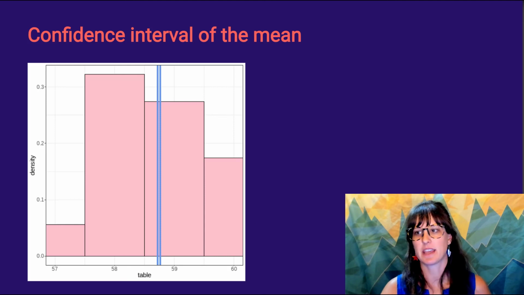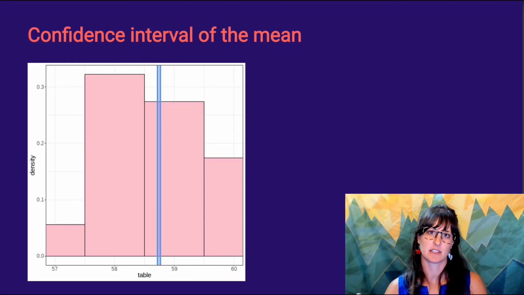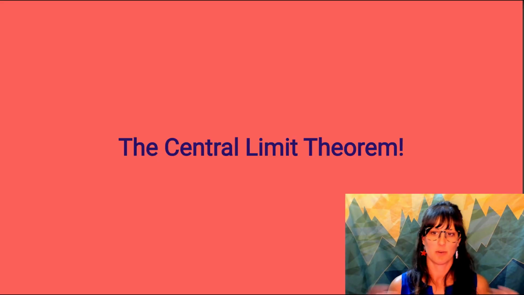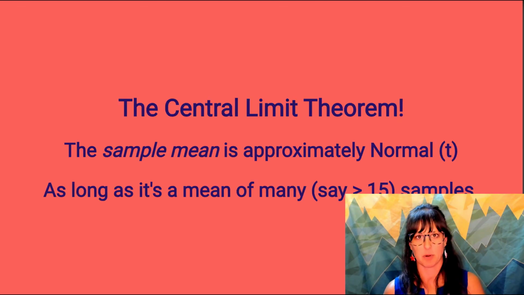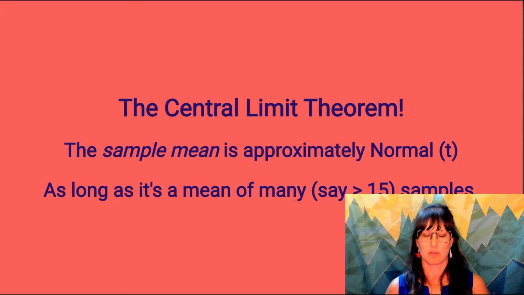So I really want you to be careful here with the distinction between many observations versus the sample mean of those observations. And in particular, something that we learned about last week, my favorite thing, the central limit theorem. The central limit theorem applies to the sample mean. Regardless of how your data looks, in this past example, our data looked kind of like a bell curve.